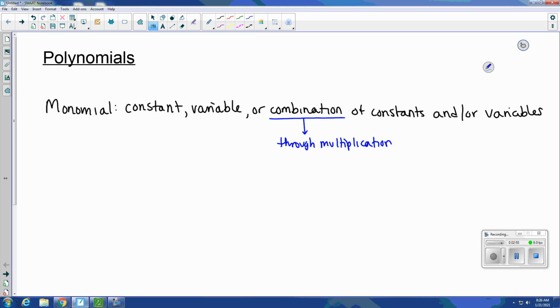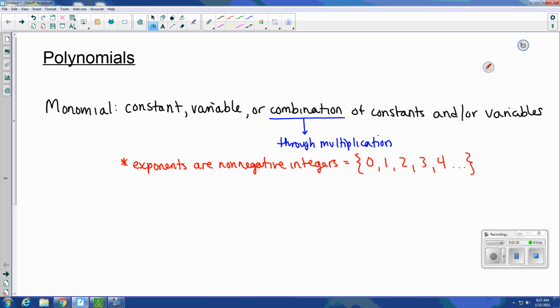And the other important thing that we need to make sure is the case when identifying what a monomial is is that our exponents need to be non-negative integers. If you don't know what the integers are, non-negative would imply it's 0 and above, so this set: 0, 1, 2, 3, 4, and that would go on theoretically forever.